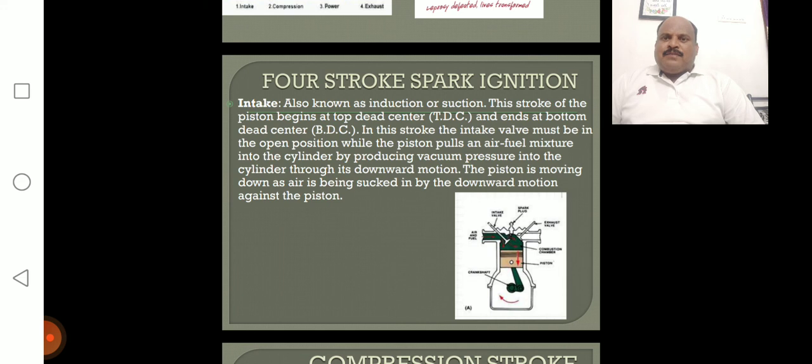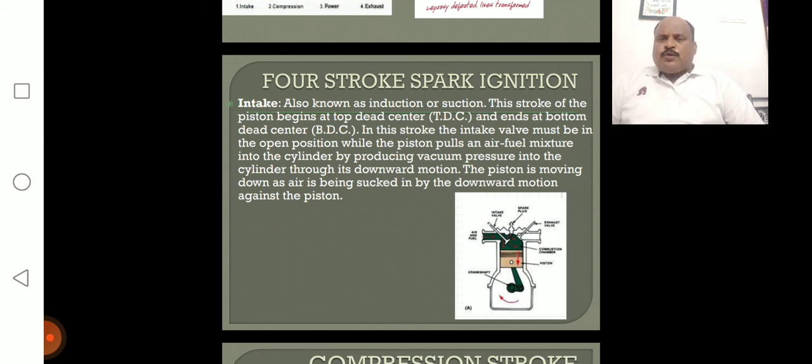Top dead center means TDC and bottom dead center means BDC. In this stroke, the intake valve must be open into the cylinder.